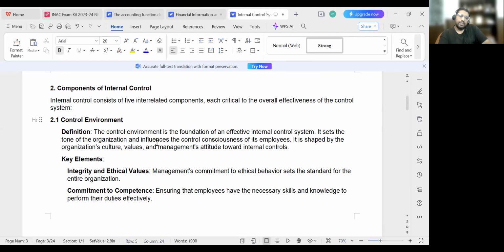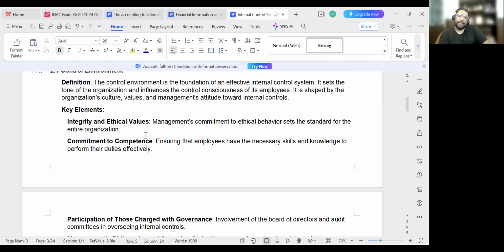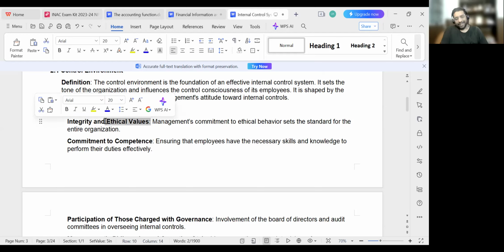So the key elements of the internal control environment are integrity and ethical values, okay? Commitment to competence, ethical values. You must have heard about it a lot. So integrity, objectivity, confidentiality, all of those ethical values, professional behavior, due diligence, right?